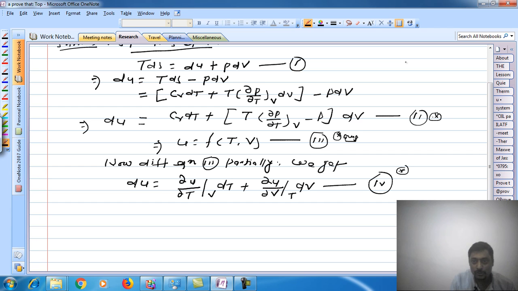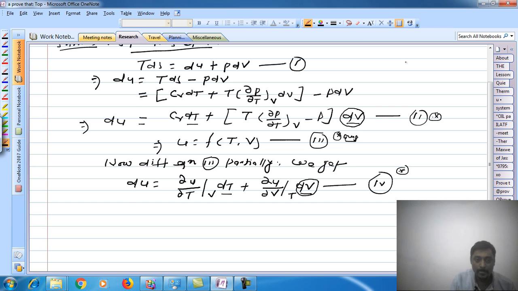Comparing equations 2 and 4, the coefficient of dT is the same, so Cv is equal to del u by del T at constant volume, and the coefficient of dV should also be the same.